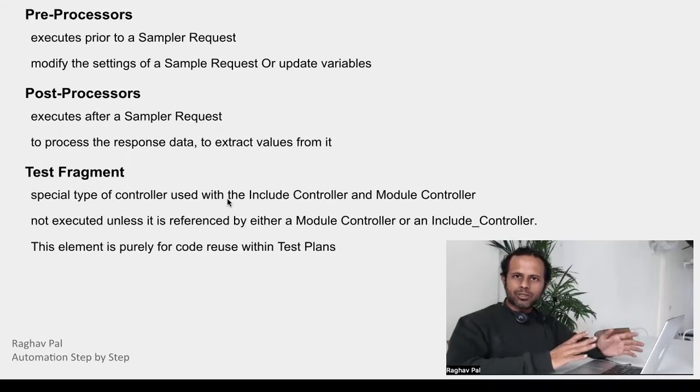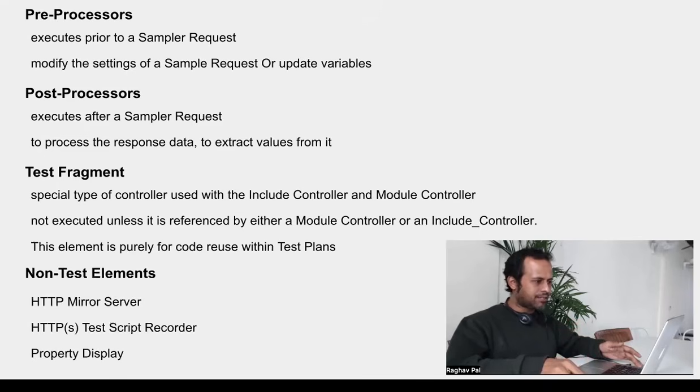I had created a video for include and module controller. I will add the link for that video in the description, so you can watch that and you will have a complete idea how the test fragment works. In general, it is used only with include and module controller, and it is purely used for code reuse within test plans. So that is test fragment.